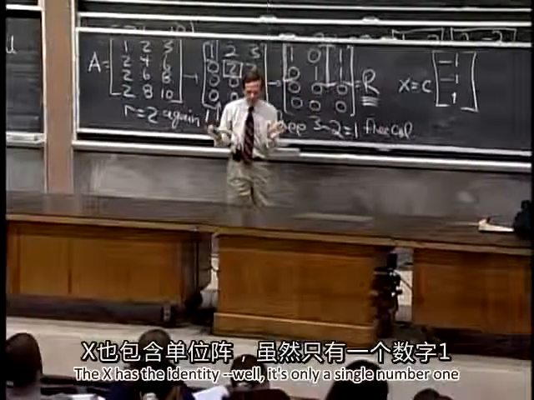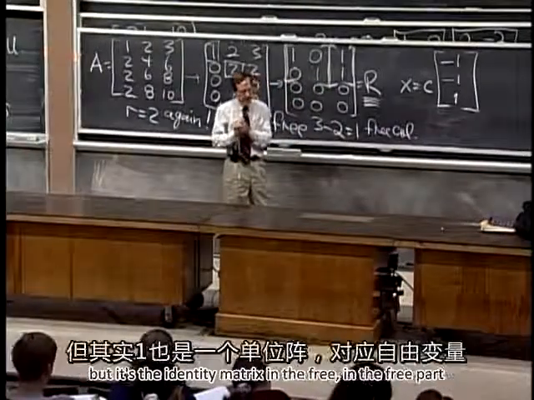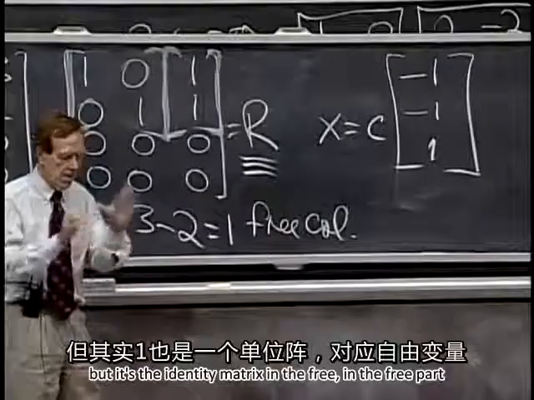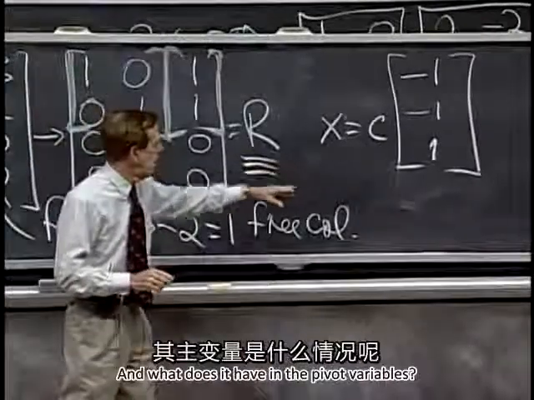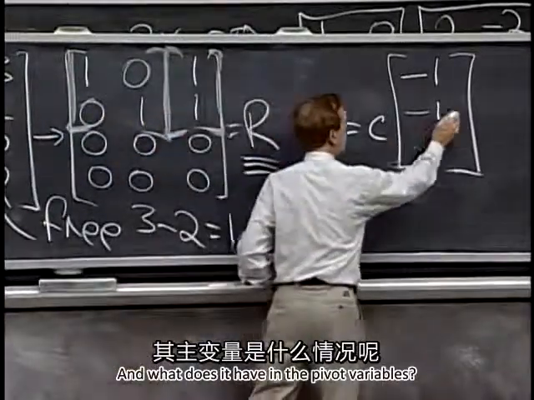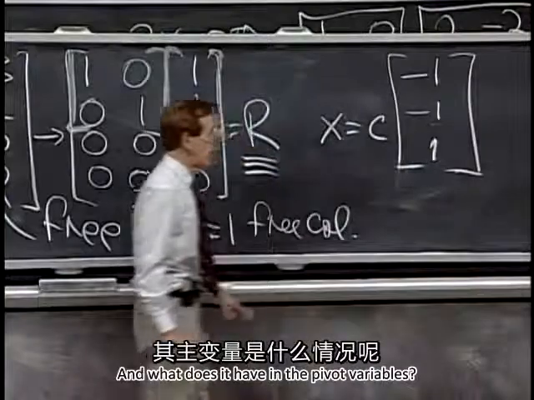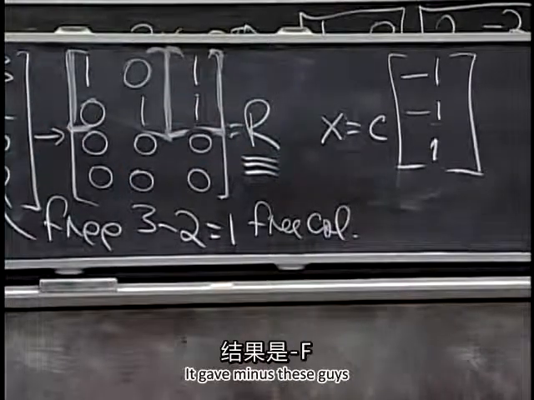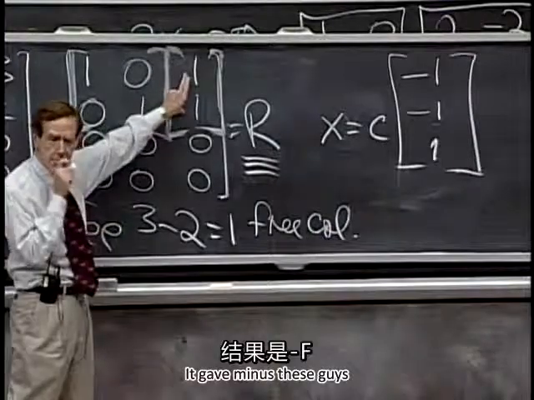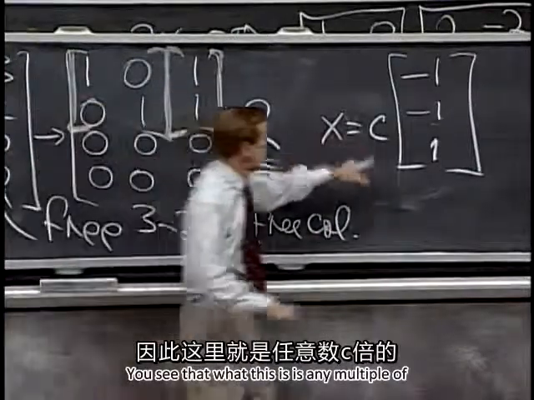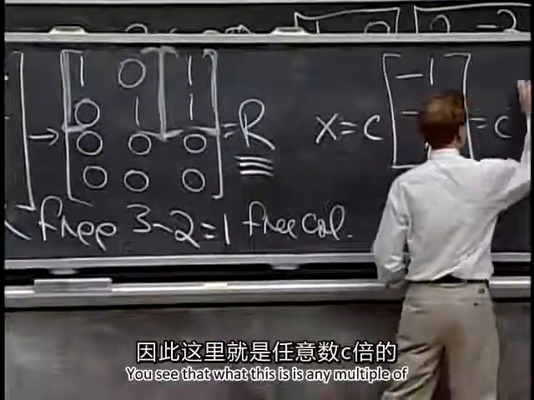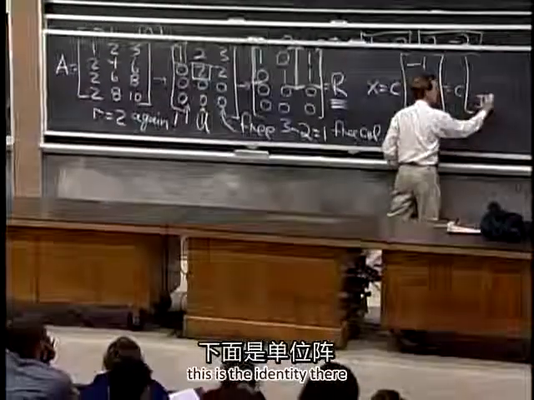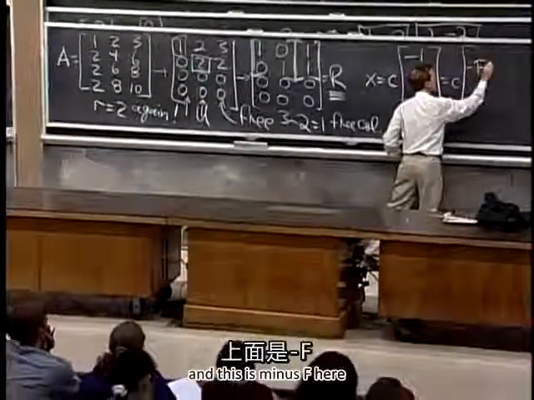Well, it's only a single number 1, but it's the identity matrix in the free part. And what does it have in the pivot variables? What did back substitution give? It gave minus these guys. This is the identity there, and this is minus F here.